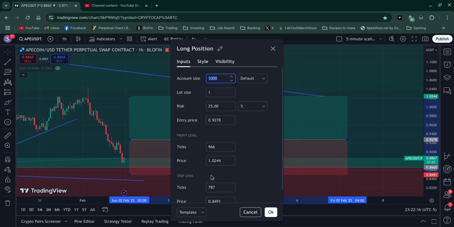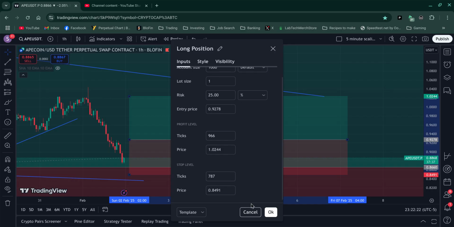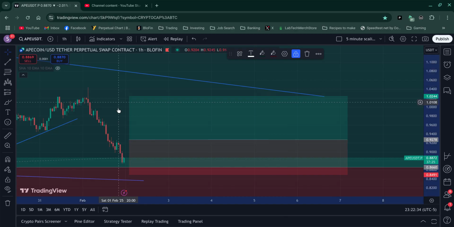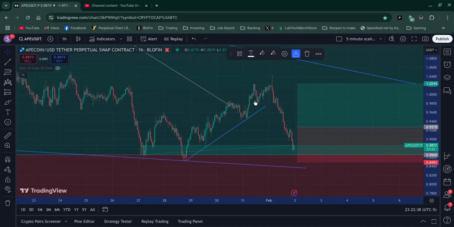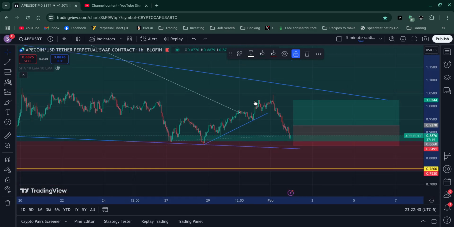Our take profit level is there, and the stop loss level is there. So you can use those numbers if you want to consider entering a long on Apecoin. So that's just a little bit of information on where I think Apecoin is going on the market, or where it might go.